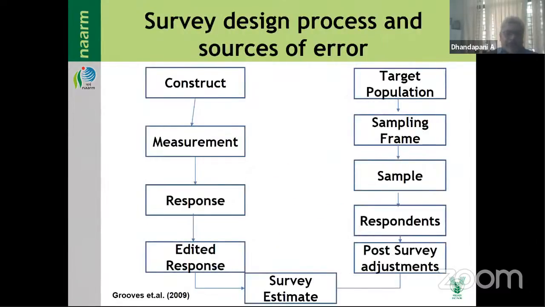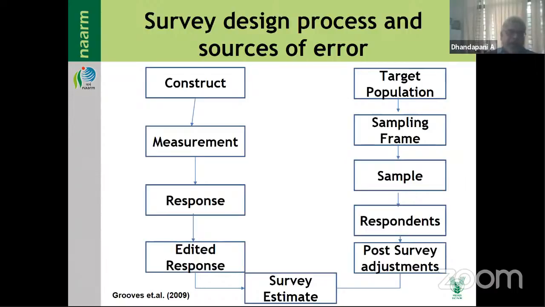So to put all this in a good perspective, I find this helps you understand, when you are talking about survey design, in what ways your errors could arise.